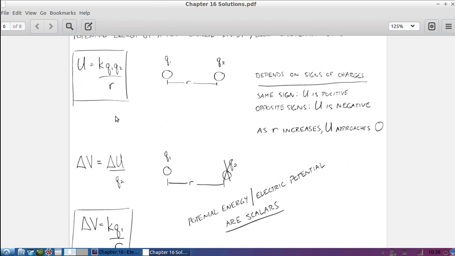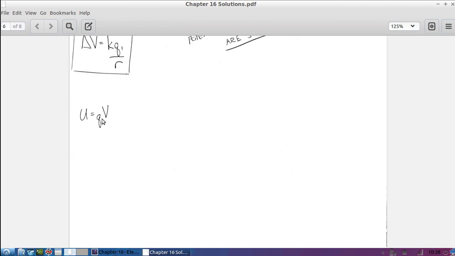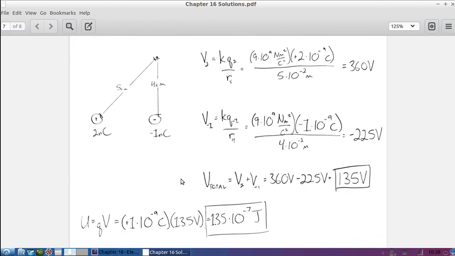Once I have the potential at some location, I can just take that potential and multiply it by the charge that I'm placing there. So if I multiply both sides of this by Q2, I get delta U is equal to delta V times Q2. And that Q2 is the charge that I'm putting at that location. So all I have to do is take the potential, the voltage there, multiply it by the charge I'm placing there, and I get the potential energy.